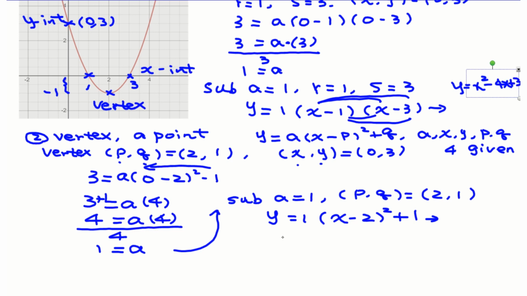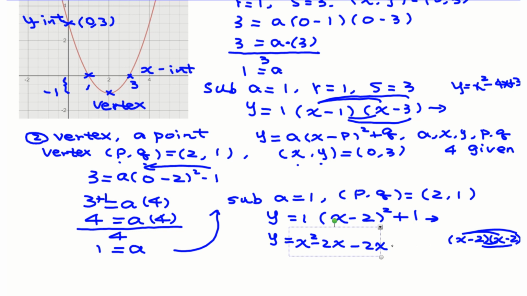And here, if we expand (x minus 2) squared minus 1, x minus 2 squared means (x minus 2)(x minus 2), so we are going to have x squared minus 2x, then minus 2x plus 4, and sorry, here it is minus 1.